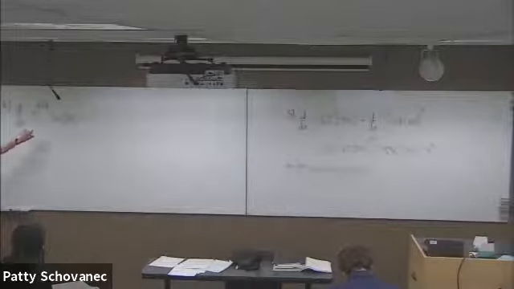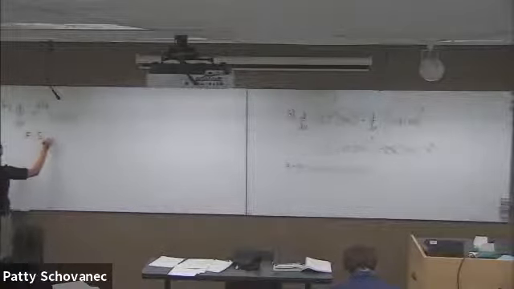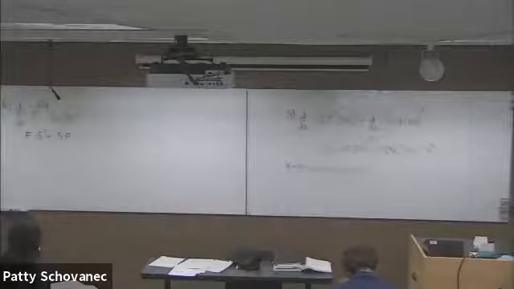And for this one, you did the product rule? First times the derivative of the second, second times the derivative of the first. The first is just e to the x squared plus x.